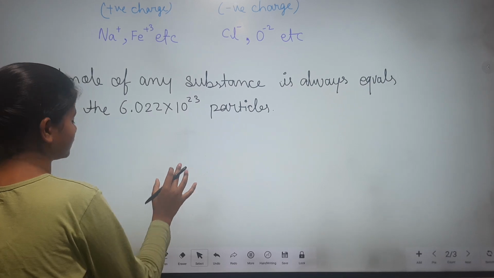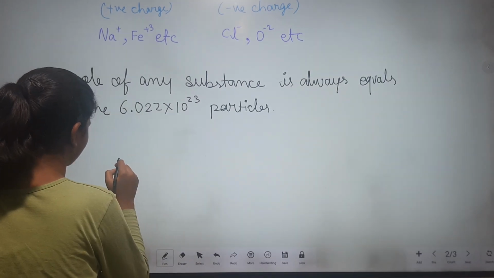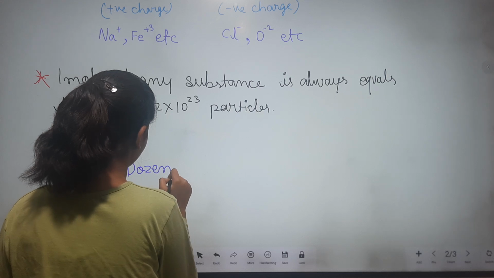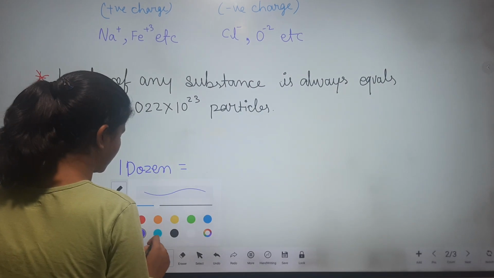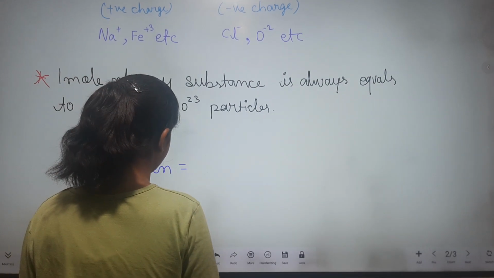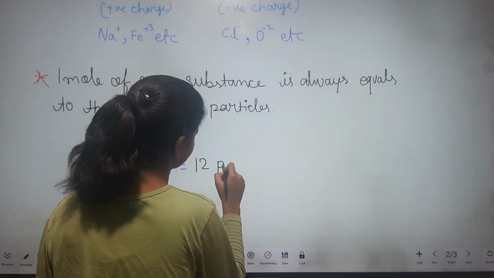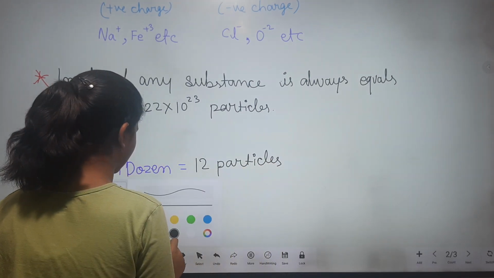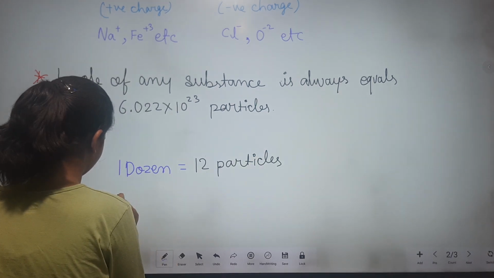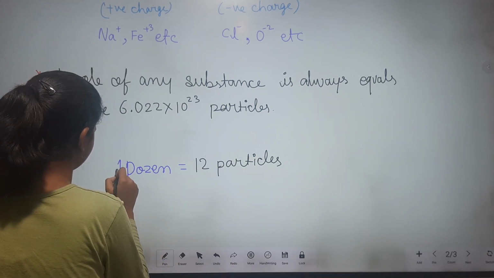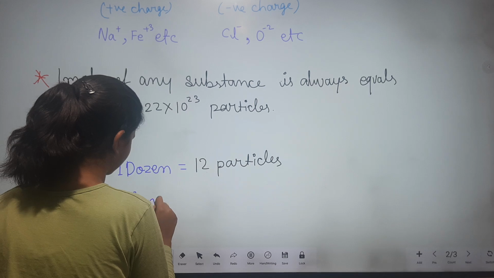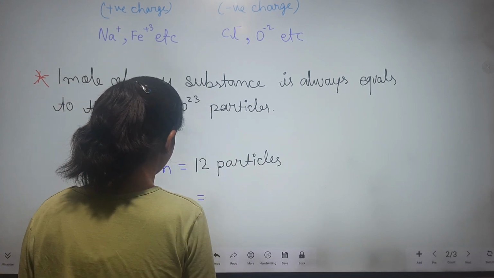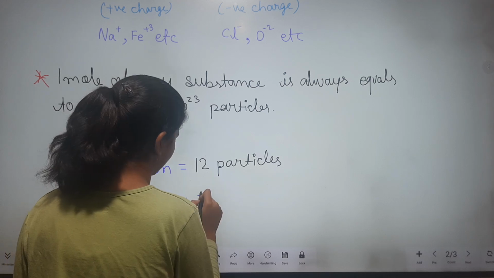Now here 1 dozen is our 12 particles. Okay, and here 1 century is equal to 100 particles.